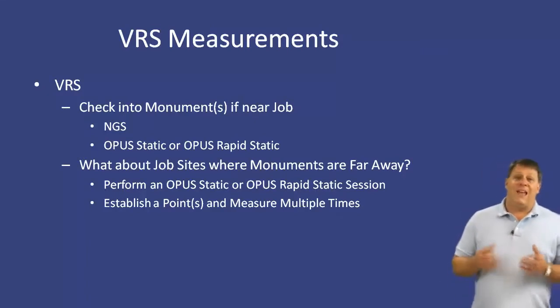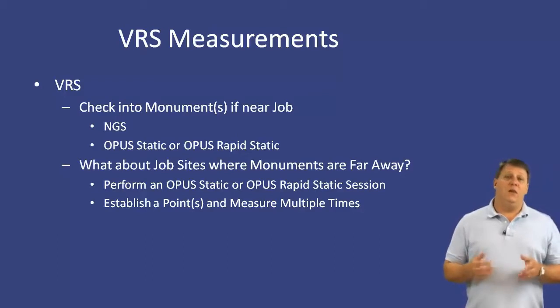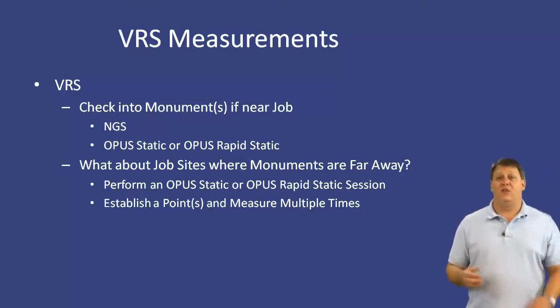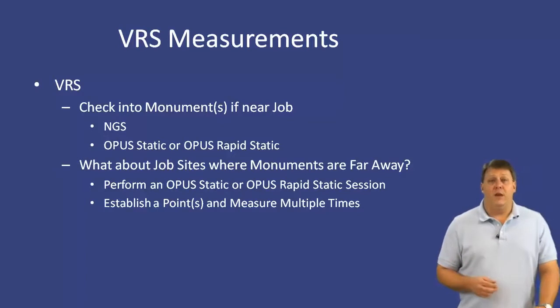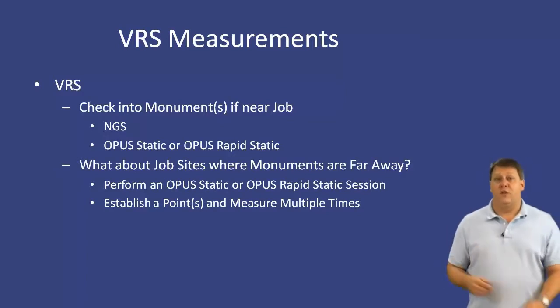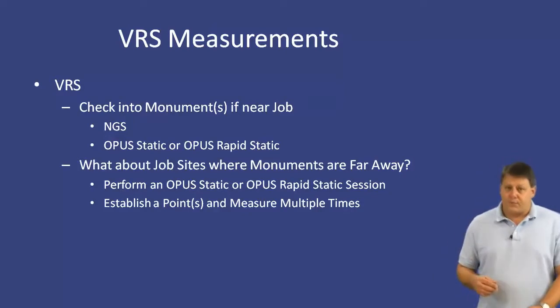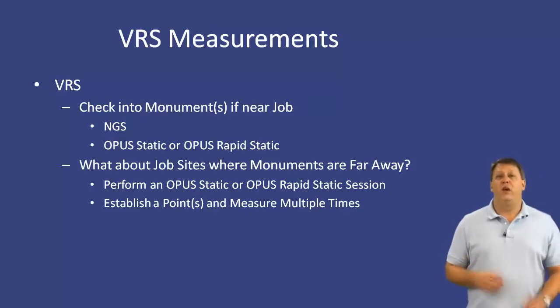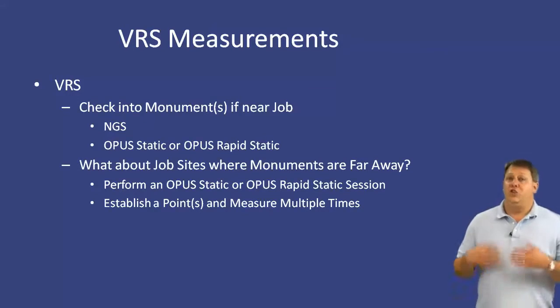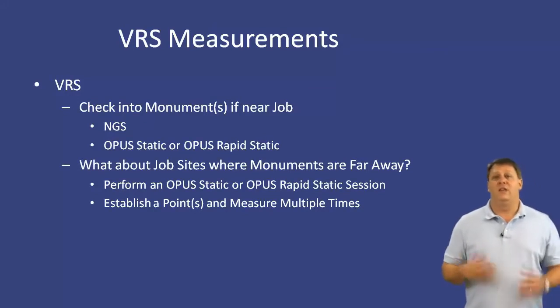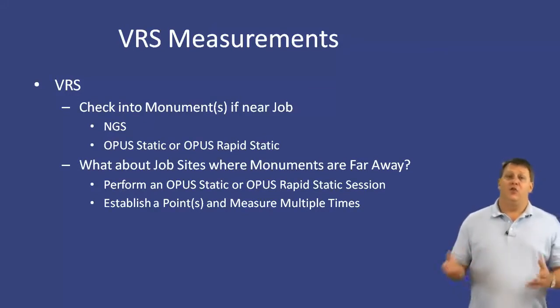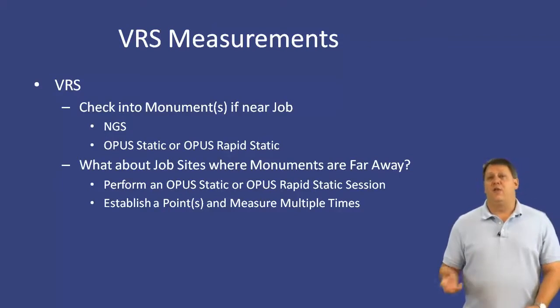You may not have the luxury to be able to perform an OPA static or rapid static session for the particular job. Another alternative is you could get to the job site and set 2 points like we would set an azimuth pair. You would shoot the points in the morning, let's say, shoot them again around noontime, and then again in the afternoon.